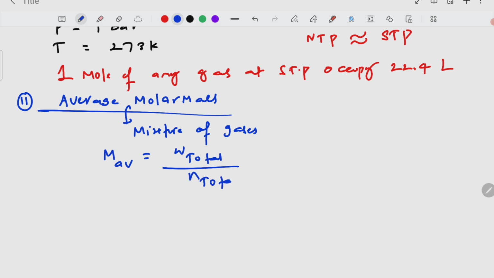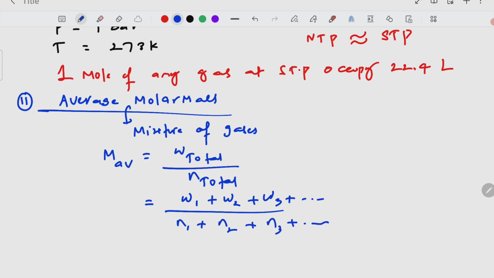Total weight is W1 plus W2, W3, and so on based on the number of gases; total moles is moles of gas 1, moles of gas 2, moles of gas 3, and so on. So we use this formula to calculate average molar mass. Further expansion of the formula will be discussed after completion of a few more topics.